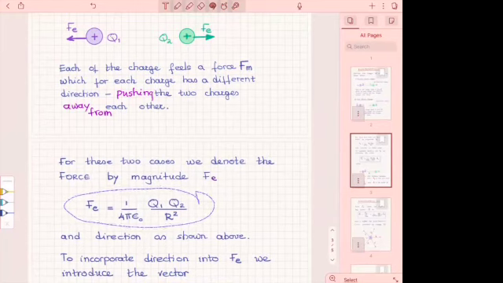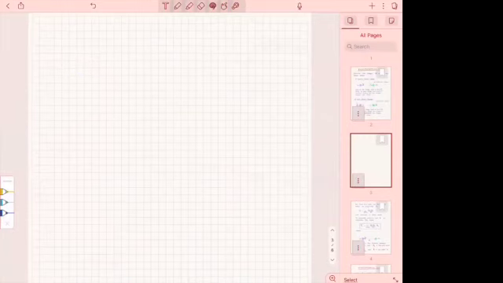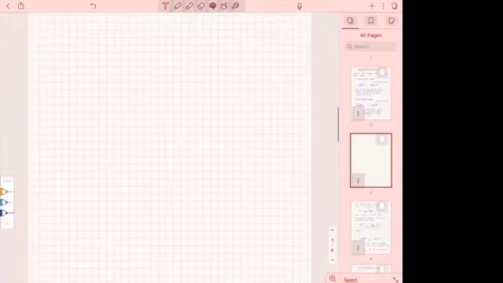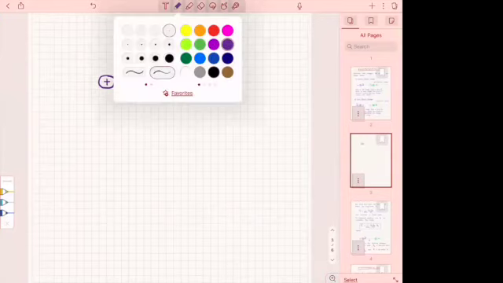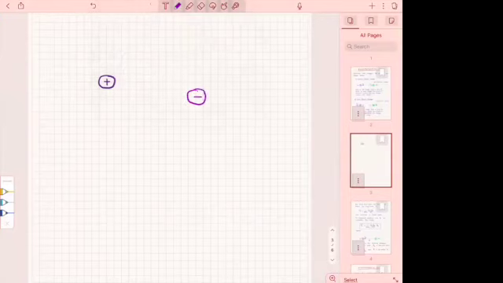However, we know that we cannot do that if we have multiple charges. So for example, let's assume that you have 3 charges. One here and another here. So this is, say, Q2. The first one was Q1.